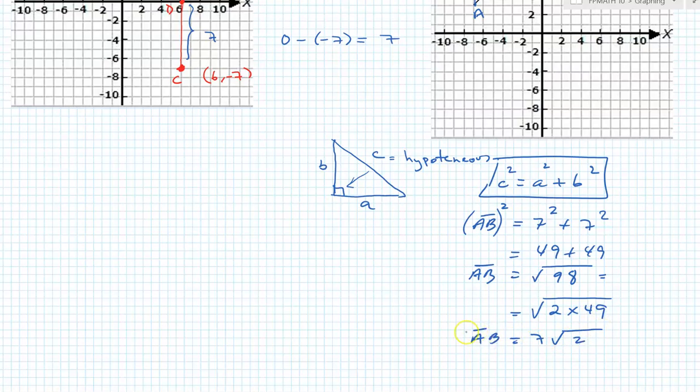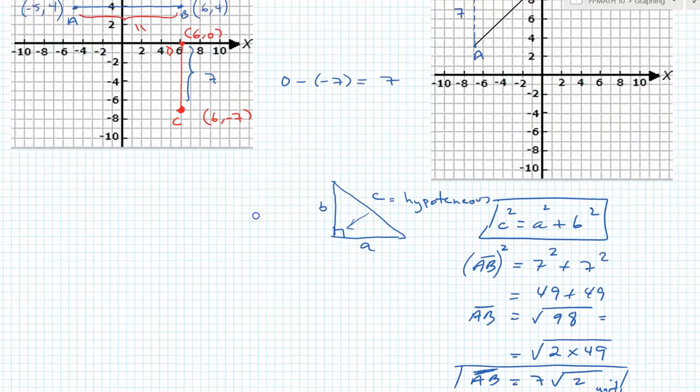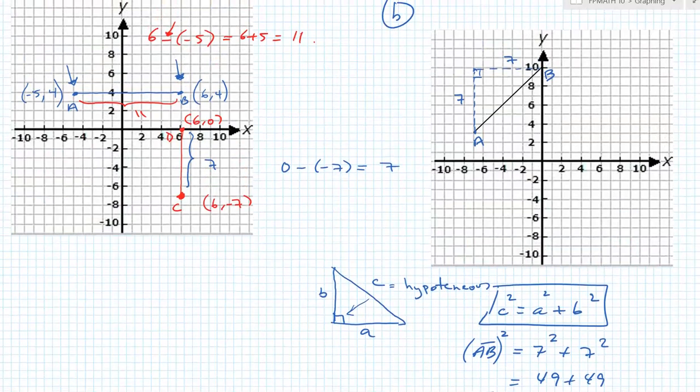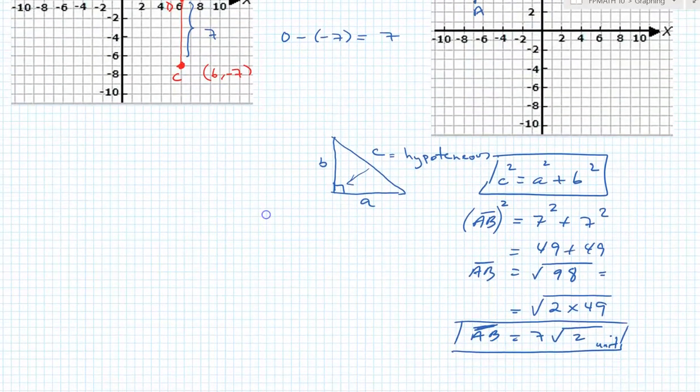That is the length of the line segment AB, 7 root 2 units, whatever the unit is. And that's how you get the length of a line segment using the coordinates.